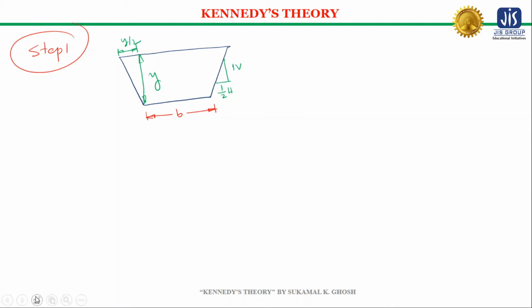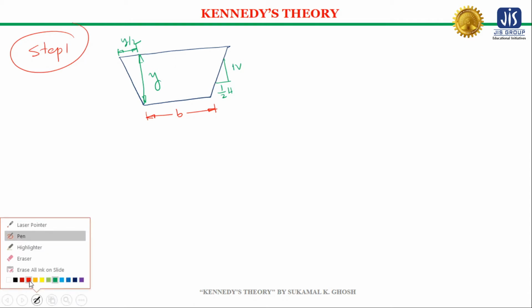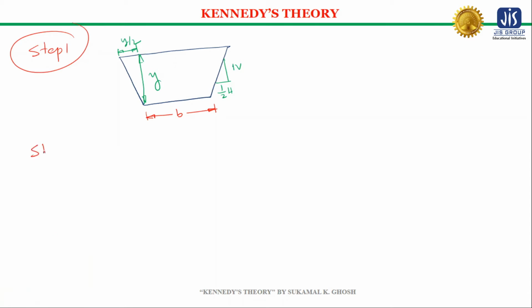So what was our step 2? If you recall, our step 2 was to derive an expression of area for this particular assumed cross section.